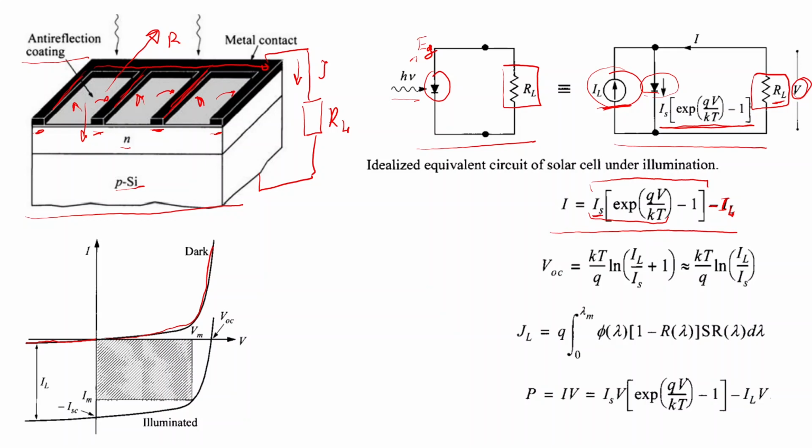So it's just much larger than reverse current, but by nature of its formation, it's the same. It goes also in the same direction. That's why when we shine light on the solar cell, the current voltage characteristic is shifted downwards. So that's our illuminated current voltage characteristic of a solar cell.